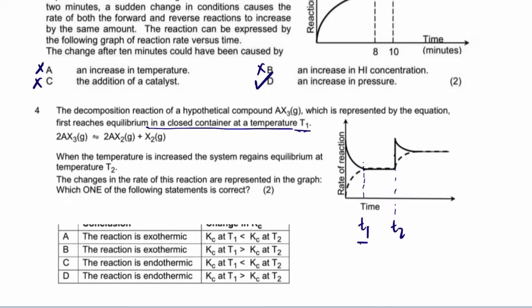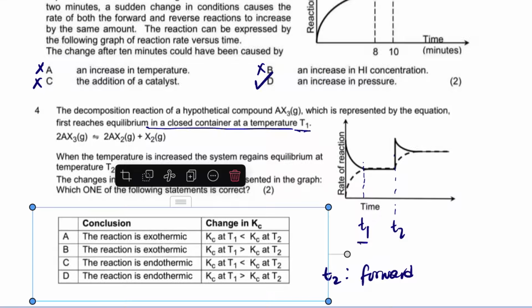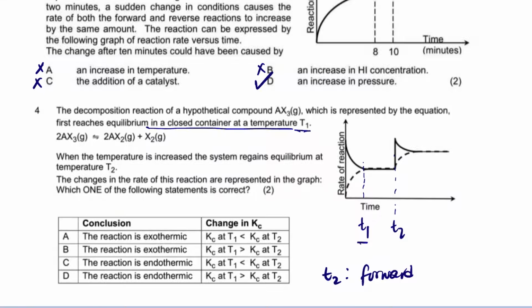So at T2, forward is favored. How do we see the forward is favored? Look at the solid line. It increases more than the reverse. So forward is favored here at T2, right?